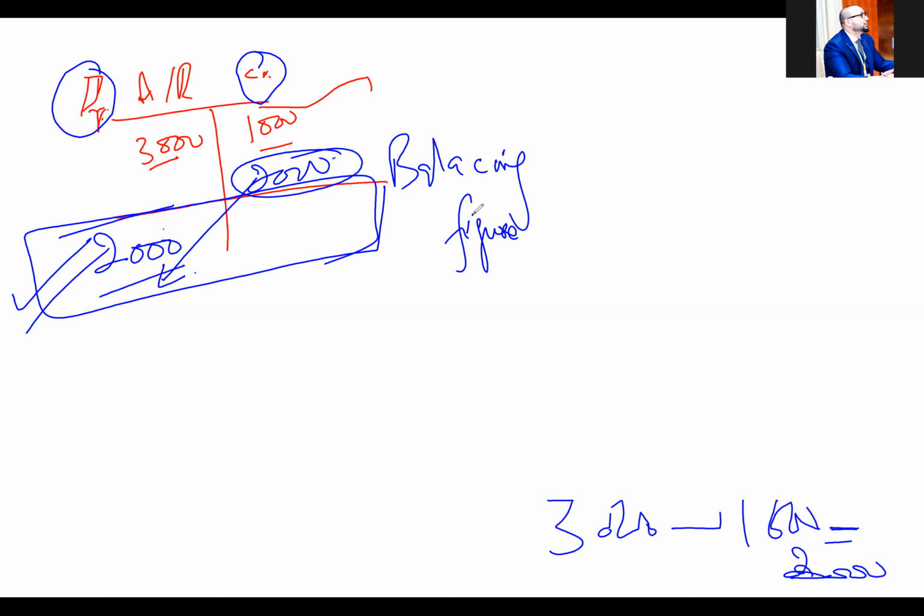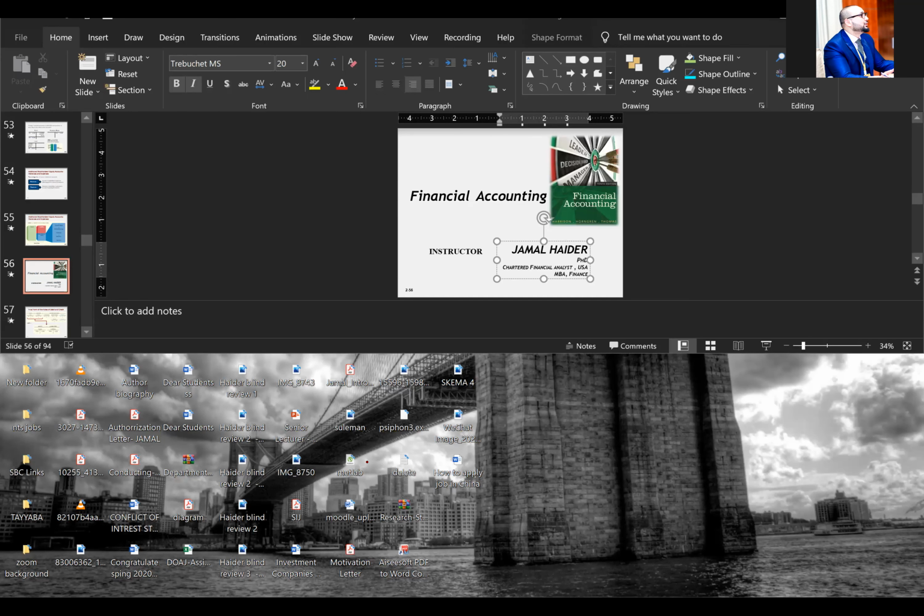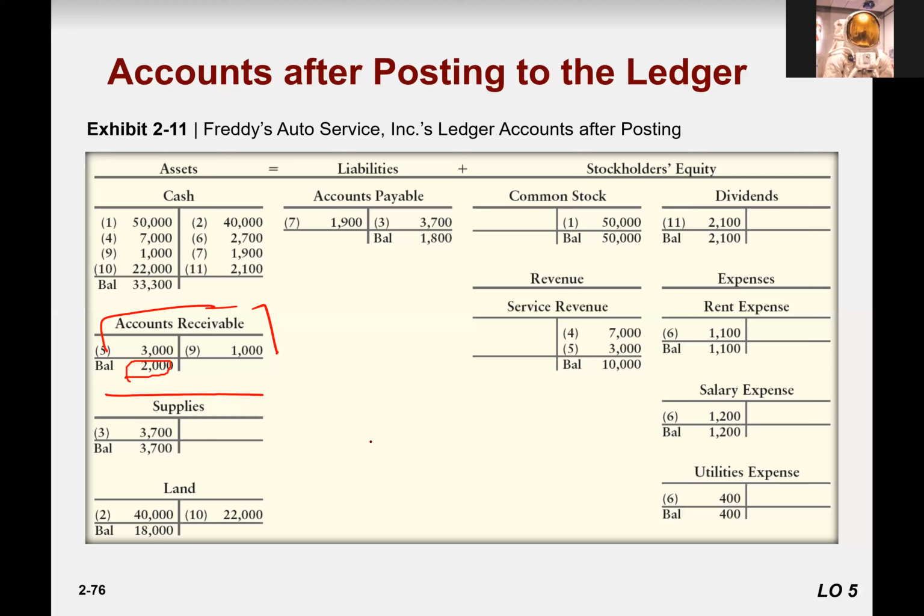And which side is greater? Debit side. So you write it down on the debit side. On the debit side means in the end of the year the customer still has to pay you 2000. This is the balance that the customer still owes to us, right?